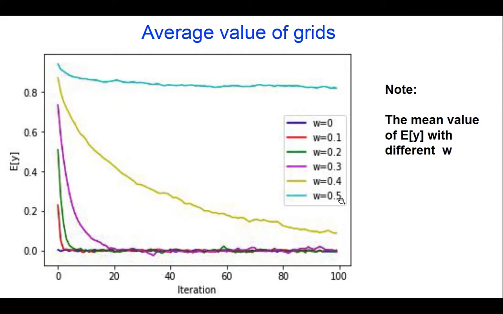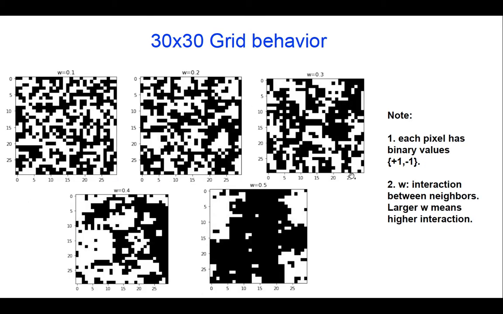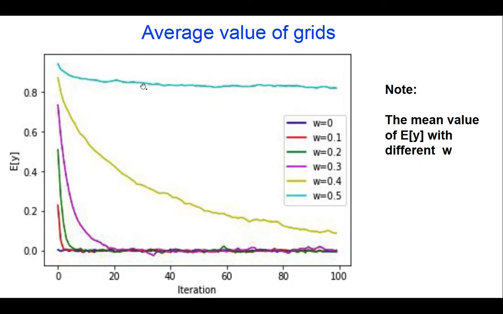But when W is high, for example 0.5, the pixels finally separate into two clusters, one cluster with value 1 and the other with value -1, and their numbers are unequal. That is why the mean value of the pixels does not converge to 0. And Yuting will talk about the posterior inference.